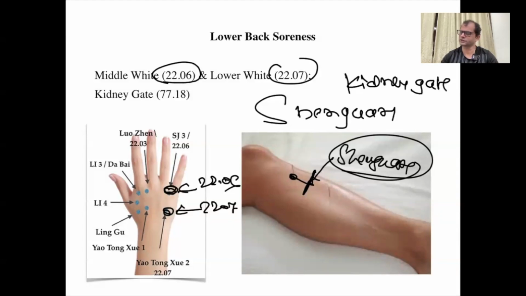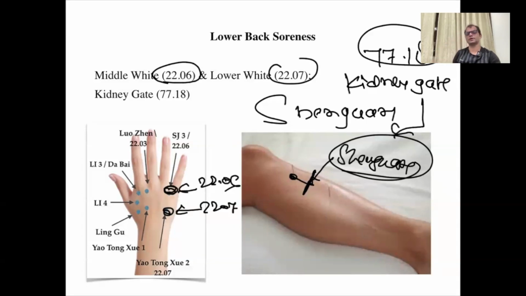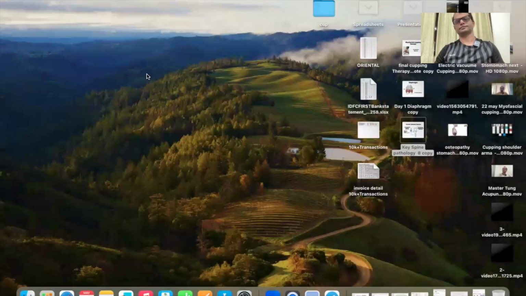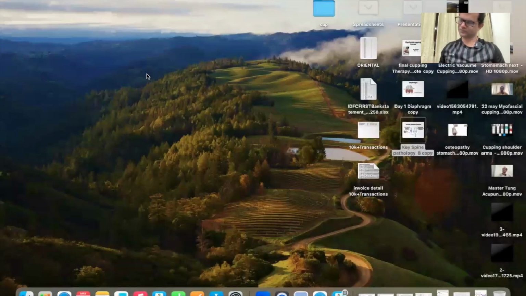In the master tung acupuncture, the number of this point is 77.18. Okay. Clear? Done?